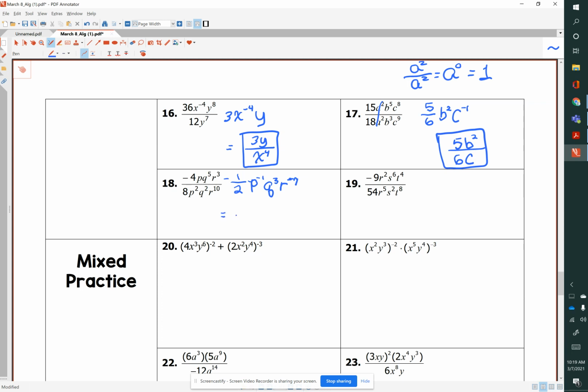And that would be 1 over 2. We'll get back to that 1. P is going to go in the denominator with a positive exponent of 1, which now becomes invisible. R with a positive exponent of 7. And then Q remains in the numerator with an exponent of 3. And then that 1 can become an invisible 1. It's implied.